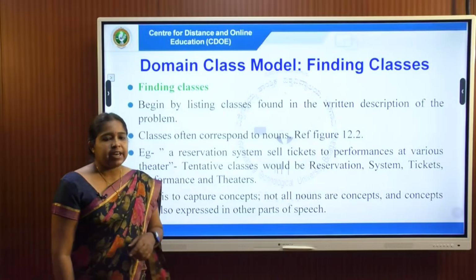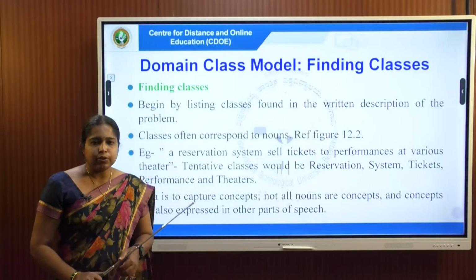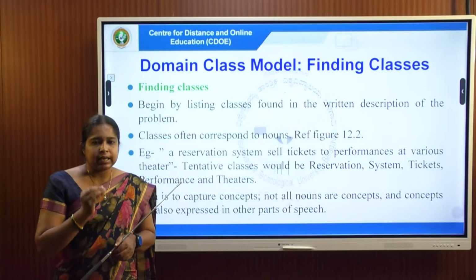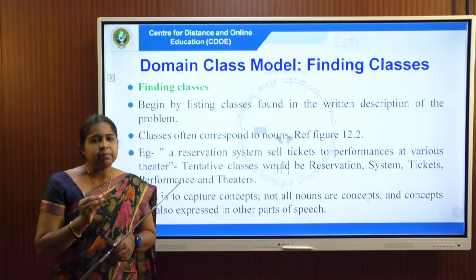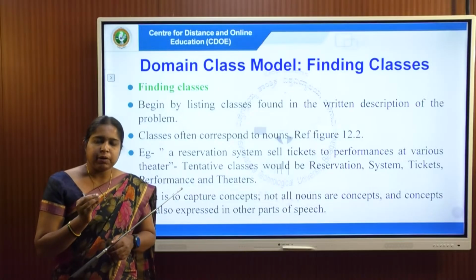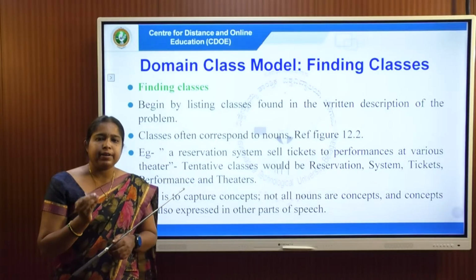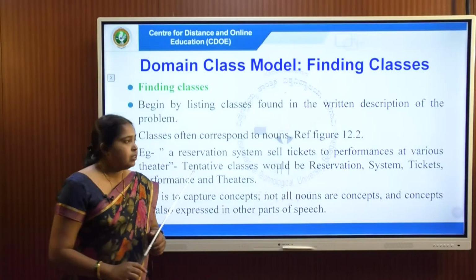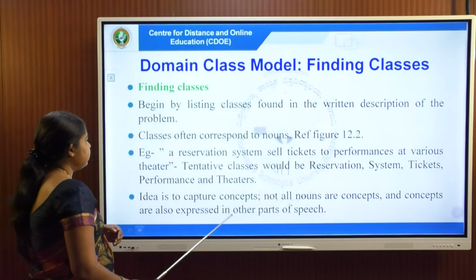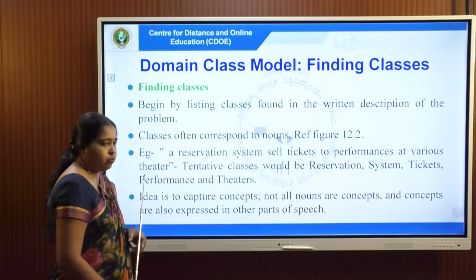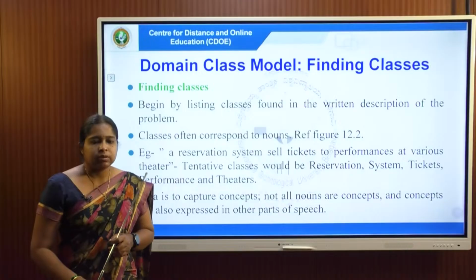The first step is finding classes. We are going to learn how to construct a class model along with an ATM case study. We have already prepared a problem statement for the ATM case study. From the problem statement, I am going to identify classes. How do we identify classes? In the problem statement, you are supposed to find the nouns.